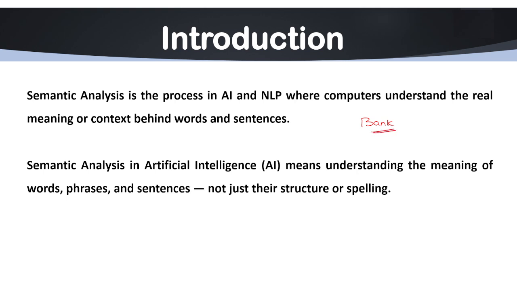First, bank can be your financial institution, and another bank can be the side of a river. We humans can understand the meaning of a particular word by understanding the complete sentence. So semantic analysis in AI helps our machines to understand the clear meaning of that particular given sentence. I hope students everything is clear to you till now.